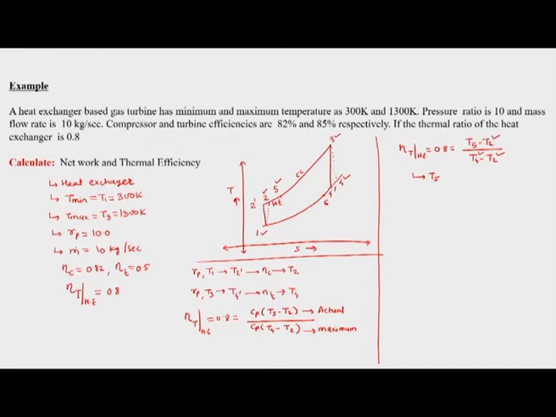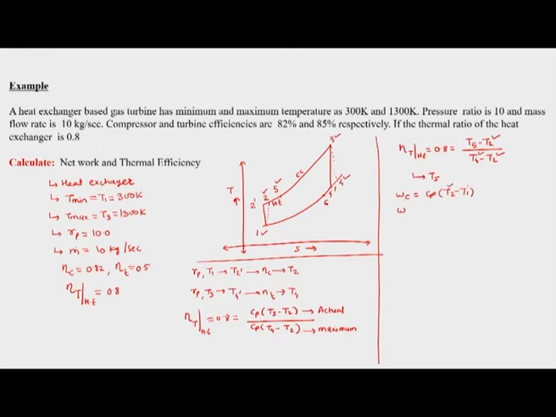Then we can start finding out work. We know that compressor work is Cp into T2 minus T1. Some people can use the formula Cp into T2 dash minus T1, but in that case they have to divide this by compressor efficiency.